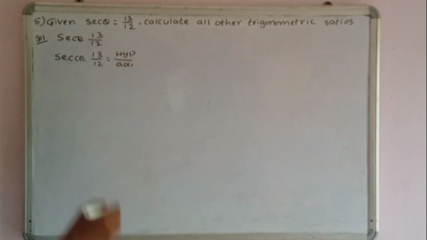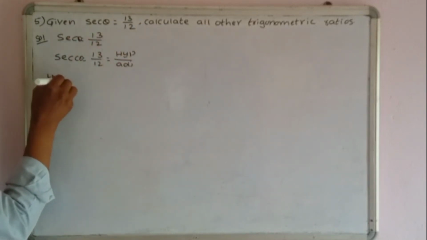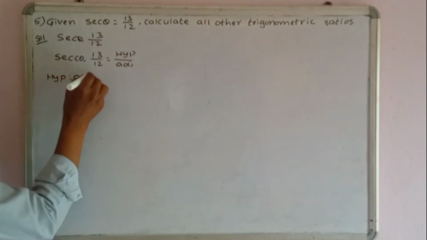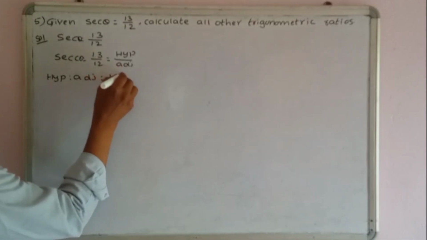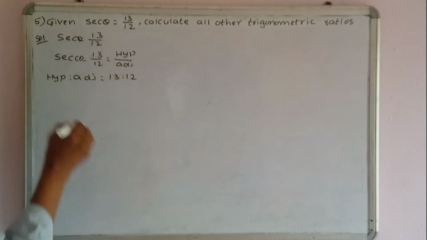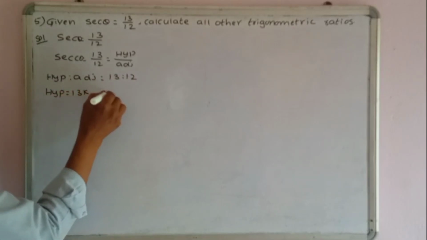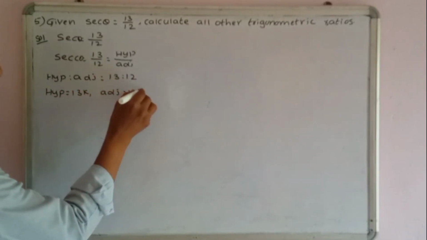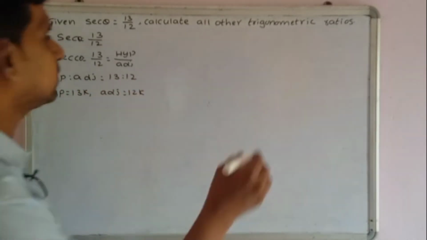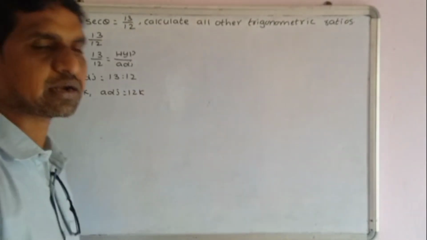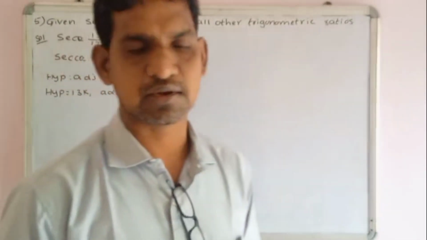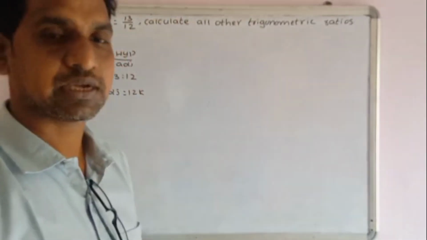So hypotenuse is to adjacent as 13 is to 12. Therefore hypotenuse equals 13K, adjacent equals 12K, where K is a constant. Now we will find all trigonometric ratios, that means sine, cos, tan. Already secant is there, cosecant, cot.